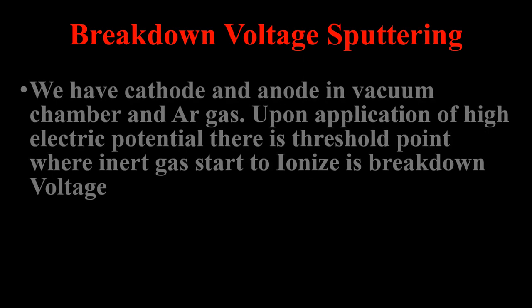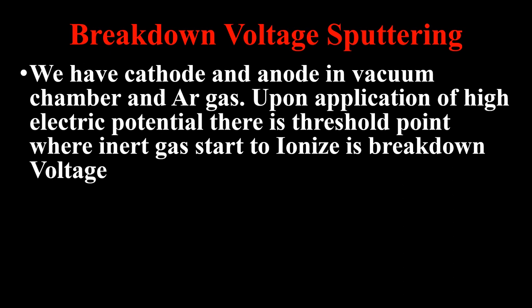So we have a cathode and anode in the sputtering apparatus, and we have an inert gas, which is basically argon gas. Upon the application of high electric potential, there is a threshold point where the inert gas starts to ionize, and that is the breakdown voltage. So what does this term mean? Breakdown voltage is the voltage we require to ionize the inert gas inside the sputtering chamber.